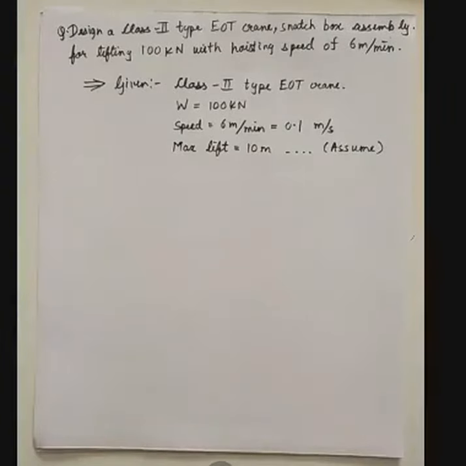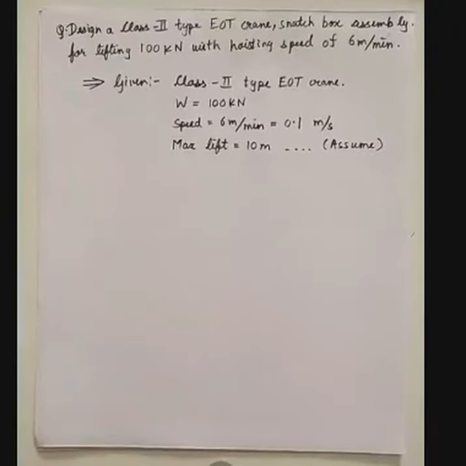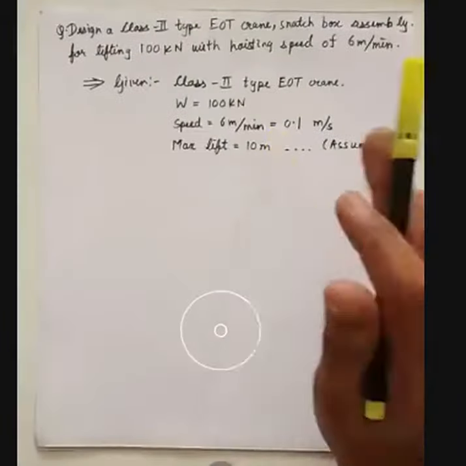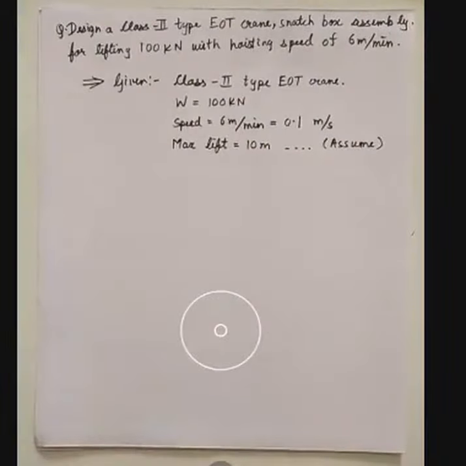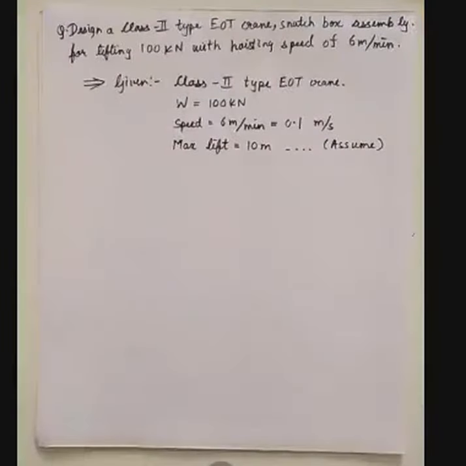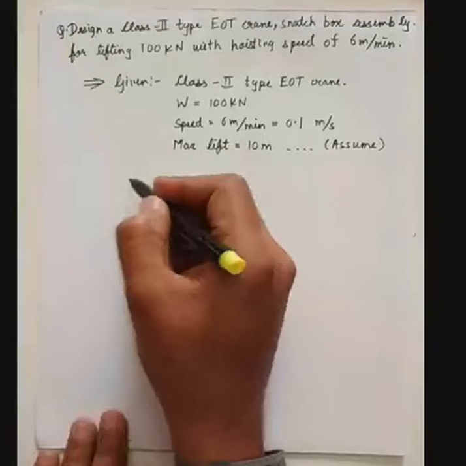If it is not given in the question, you have to take it maximum up to 15 meter, not above that. 15 meter or less than that. Now it is not given, so we have assumed 10 meters. If it is not given, please assume 10 meters. And if it is given, if it is said 50 meters in the question, then you have to take that 50 meter. But if it is not said, you have to take it up to 15 meter, not above that, right? So this is all about what is given in the question.